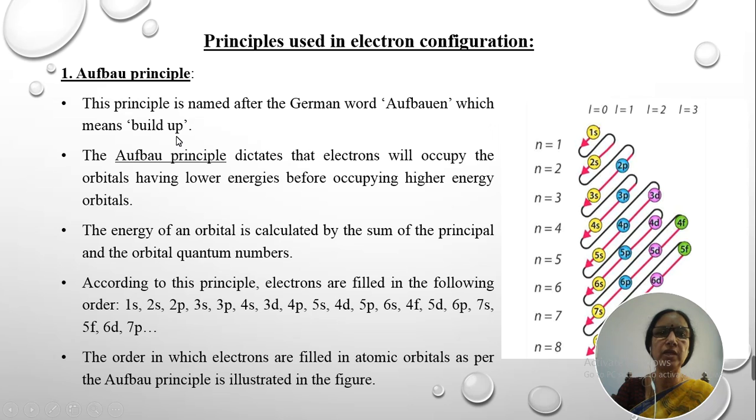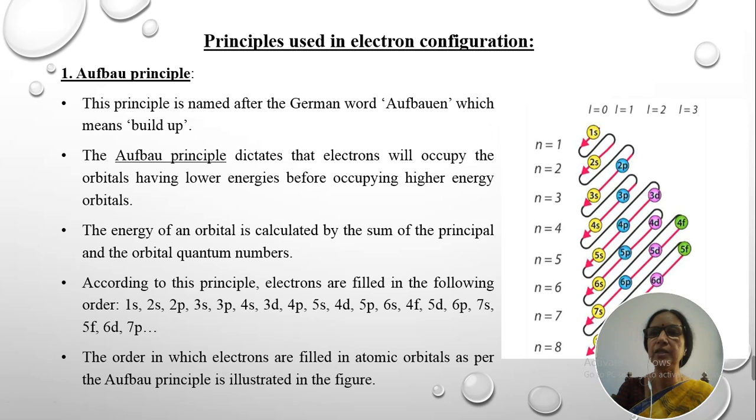That means how the electrons can be built up in the atom. Based on this principle, one can write the electronic configuration. The diagram we usually follow to write the electronic configuration is given here. But one thing is, a few elements will deviate from this also.